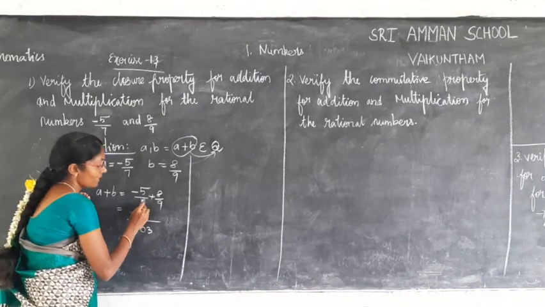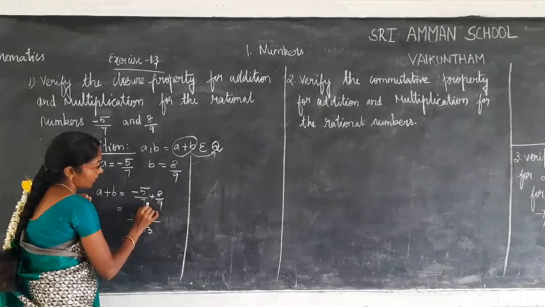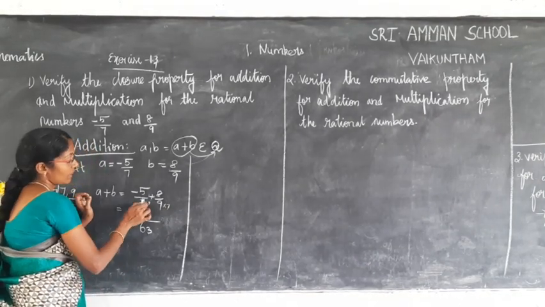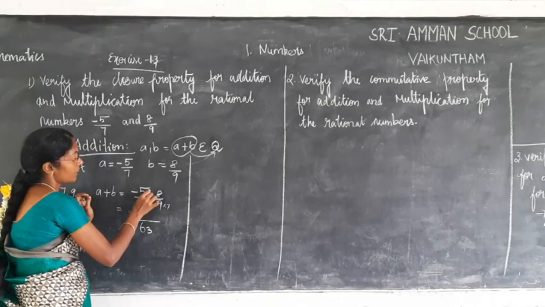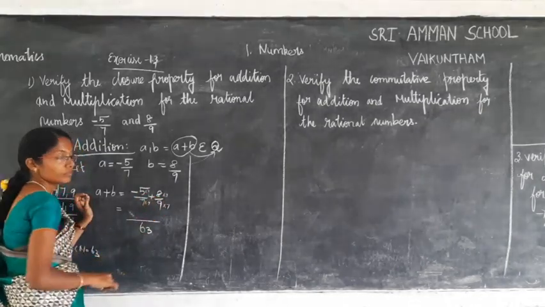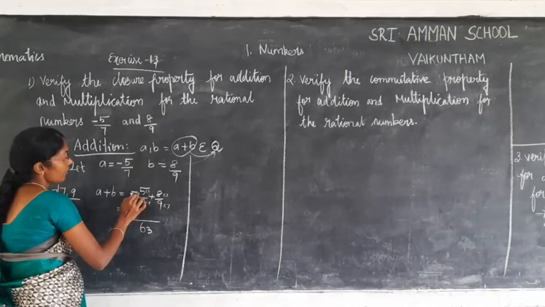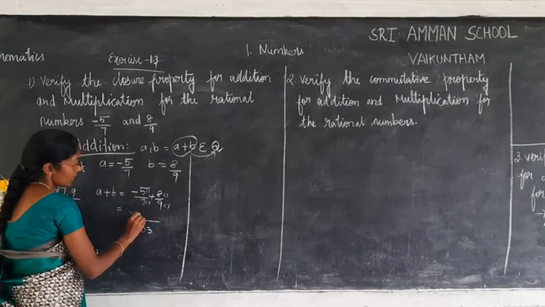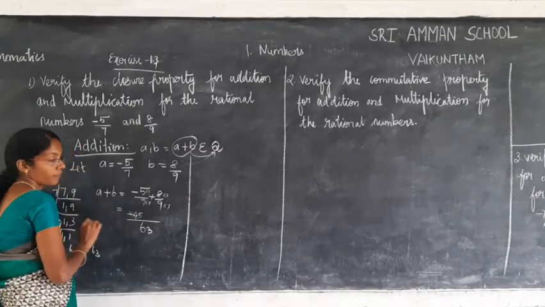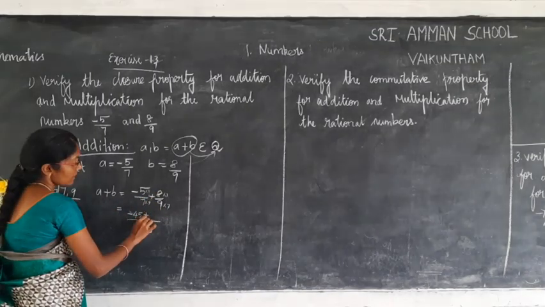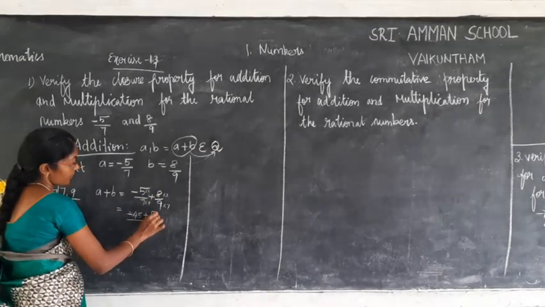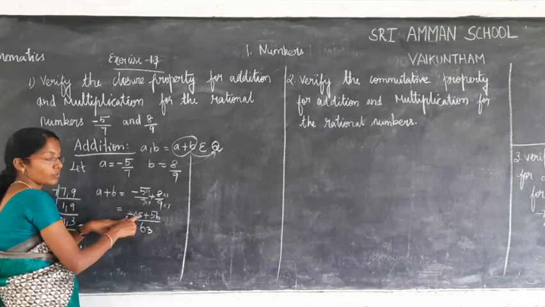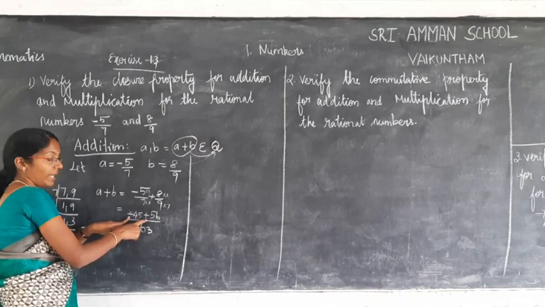Which number should be multiplied by 7 to get 63? 9. So the same number should be multiplied on the numerator also. Clear? So here, minus: 5 9s are 45, the symbol is minus. 7 8s are 56, the symbol is plus. So see here, different signs. Different signs means subtraction.